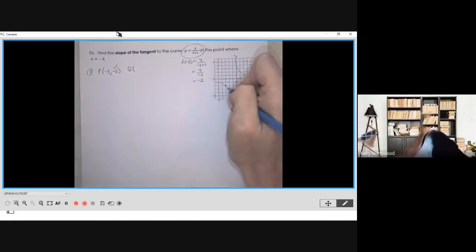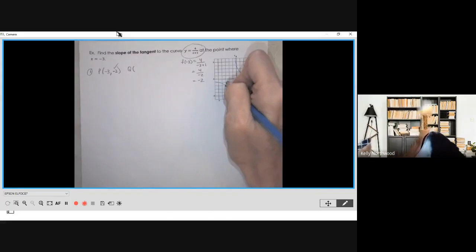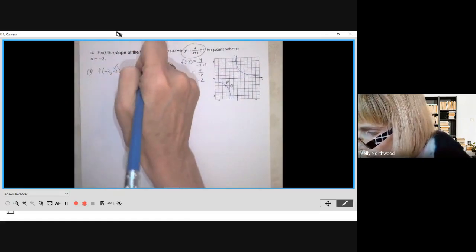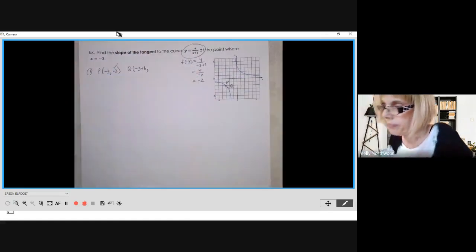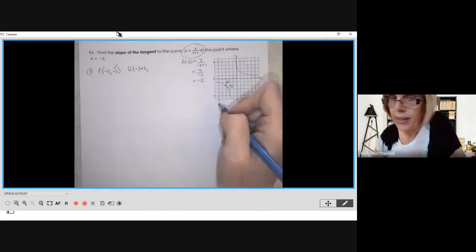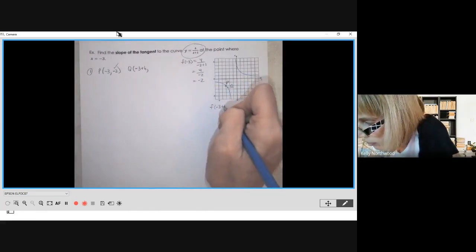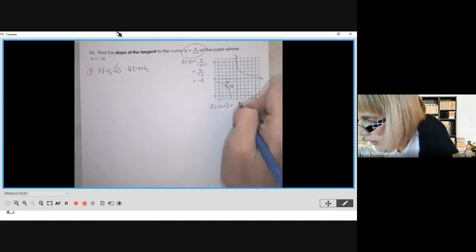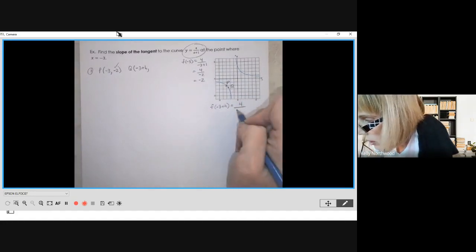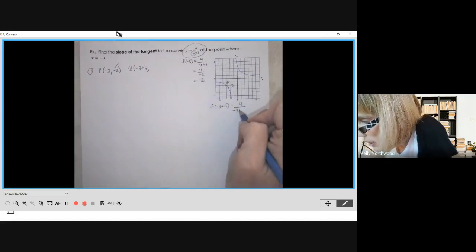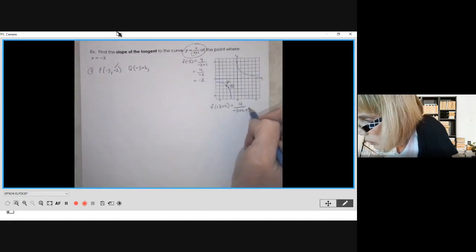So here's P. Q is going to be a little bit to the right. So its x value is going to be -3 plus h. F at -3 plus h is going to be 4 over, so I'm replacing this x here with -3 plus h plus 1.